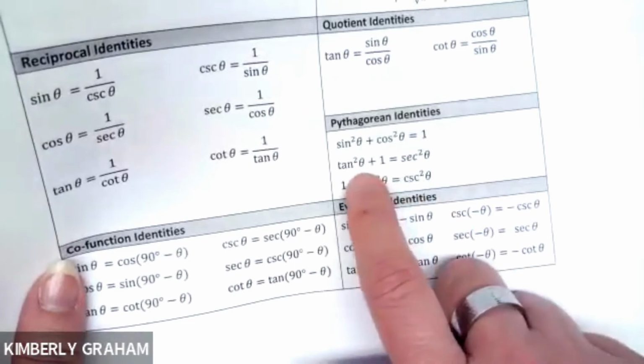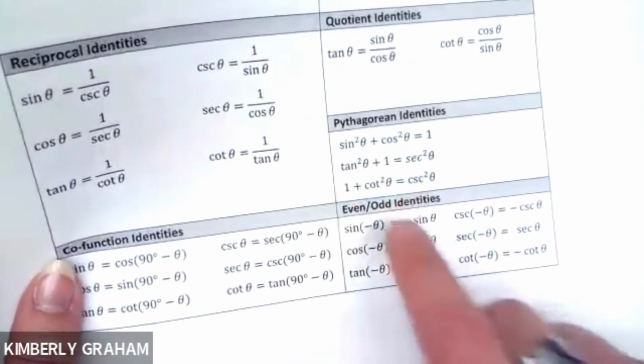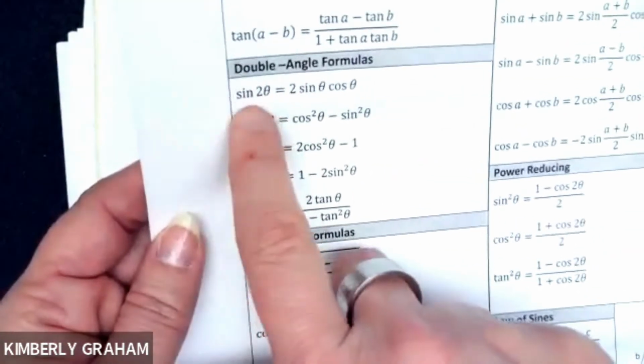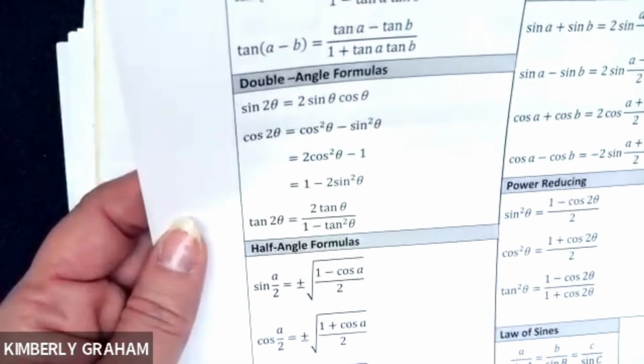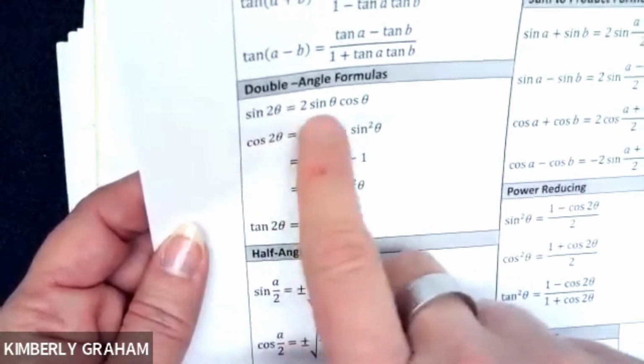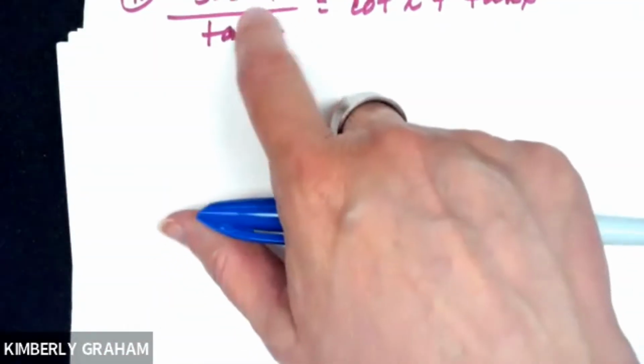You can go from 2 terms to 1 term using that. And your double angle formula can get you from two terms to one or two different tangent functions, but it's still just one term. So I'm going to try to use a Pythagorean identity here.